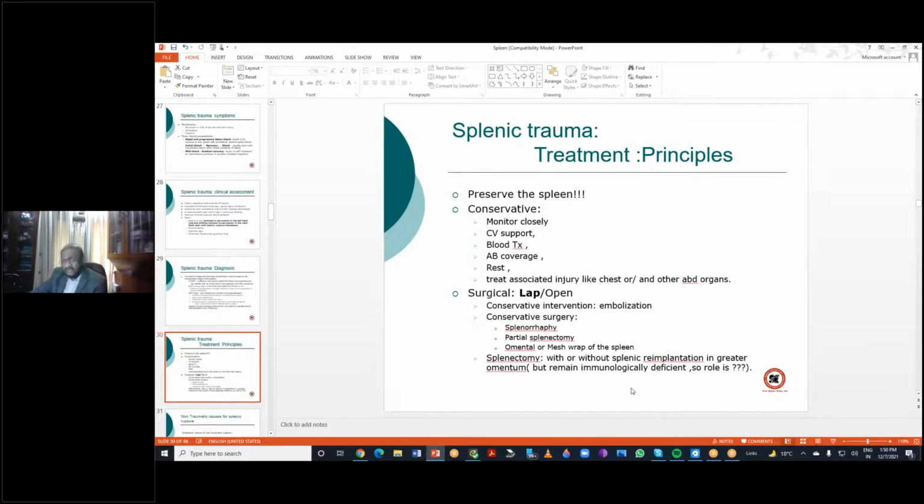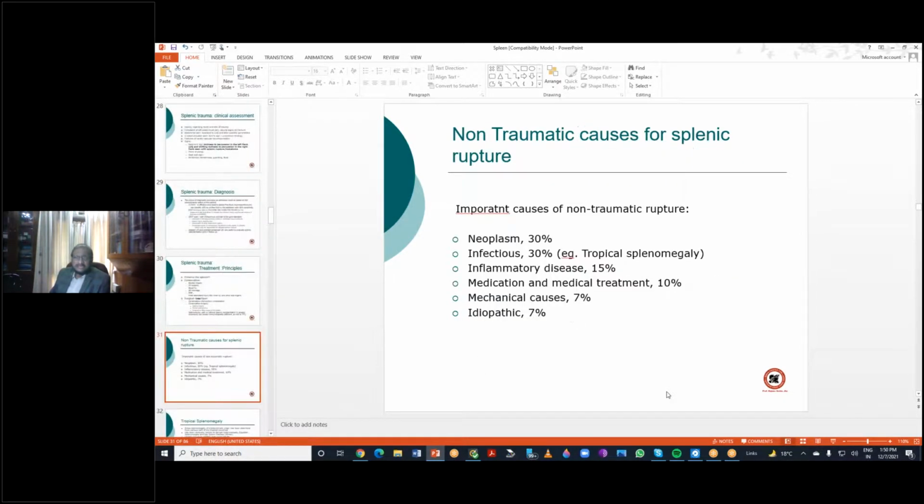But as of now, they have found that the spleen you implant inside the omentum would sustain itself. Those splenic cells will live, but the immunological functions never appear. They are always deficient. So the red pulp function of the splenic tissue may function, but otherwise it is useless as far as the immunological function of the spleen is concerned.